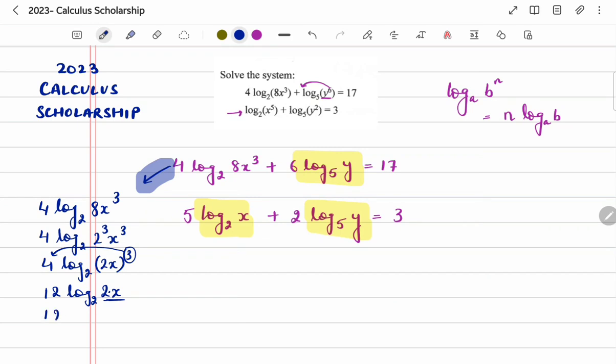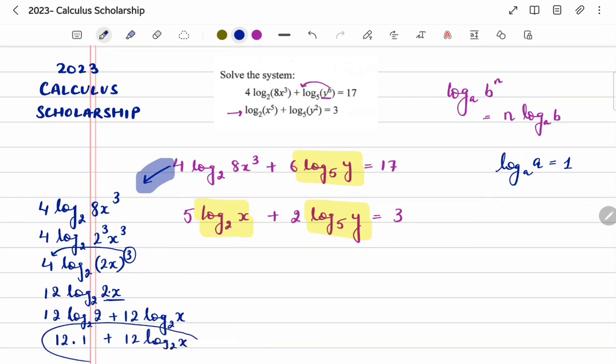So that will become 12 log base 2 of 2 plus 12 log base 2 of x... 12 is the coefficient, so 12 will stay with both terms. Now one more simplification: when you have the same base and the same term, the log is equal to 1. So the first one is going to become 12 times 1 plus 12 log 2x.